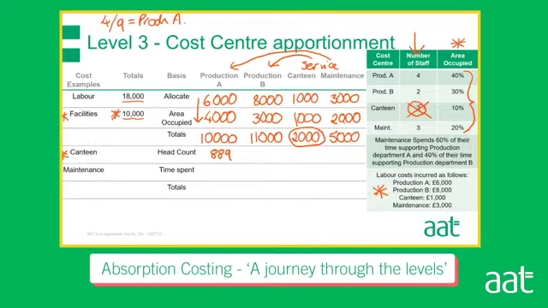2/9 of our workforce, excluding the canteen, work in production B. So 2/9 of the canteen's cost will be charged to production B. 2/9 of £2,000, £444. Finally then, 3 people work in maintenance.